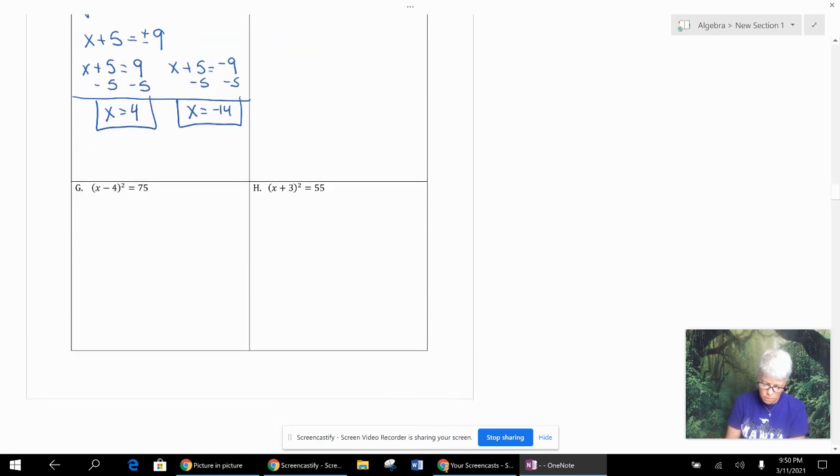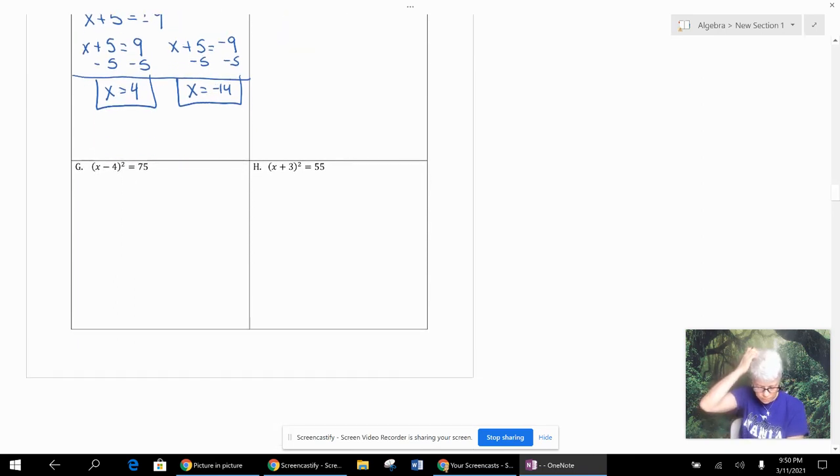Let's move on down. Okay, this one's a little bit weirder. I'm going to do my big old radical sign over the whole thing. And I get x minus 4 equals the square root of 75. The square root of 75 can be broken down.